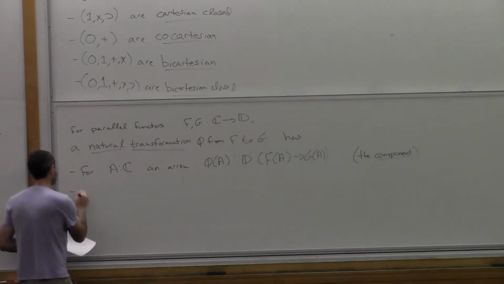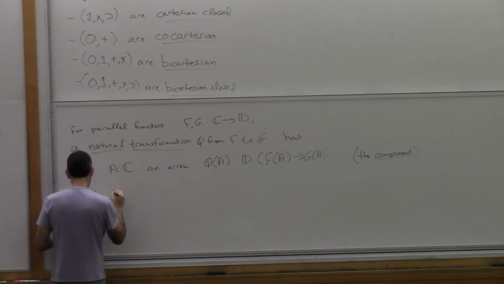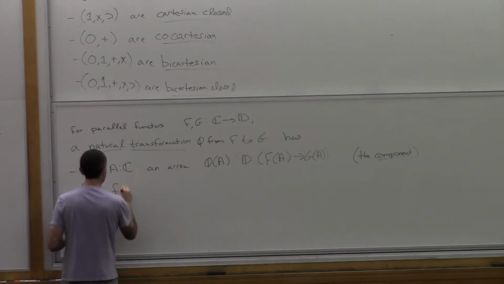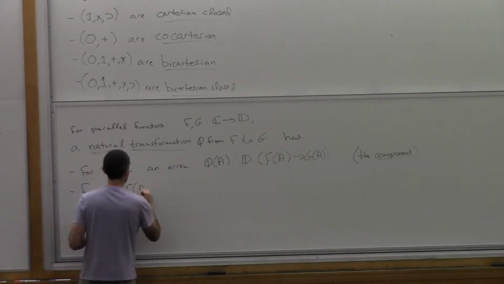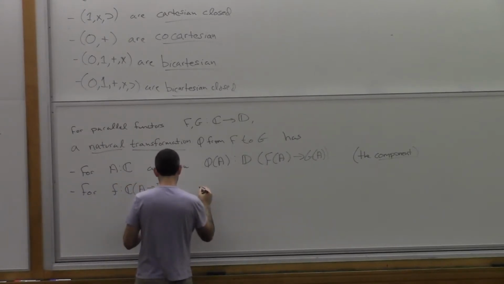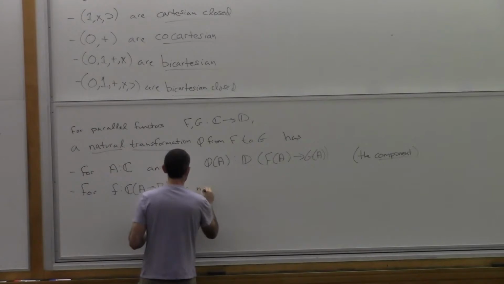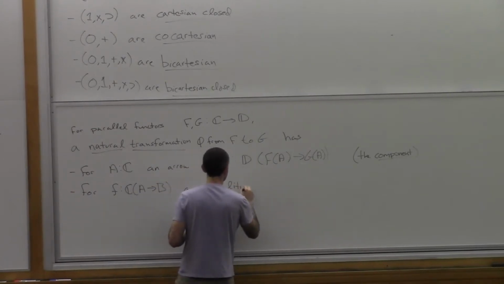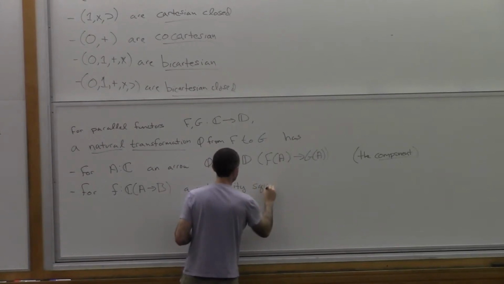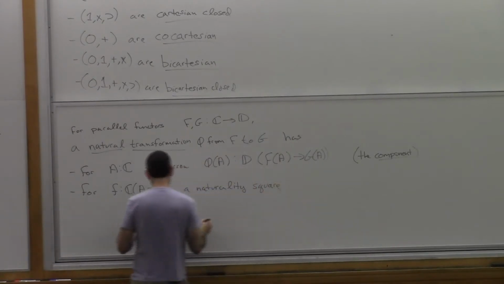And further, for an arrow f in C, from A to B, there is what's called a naturality square, which I'm about to draw. And that says this.